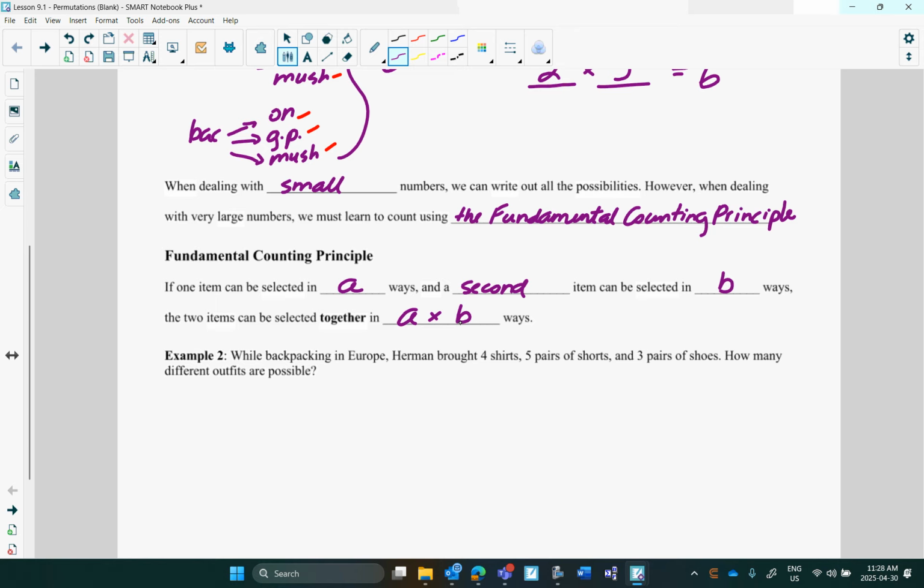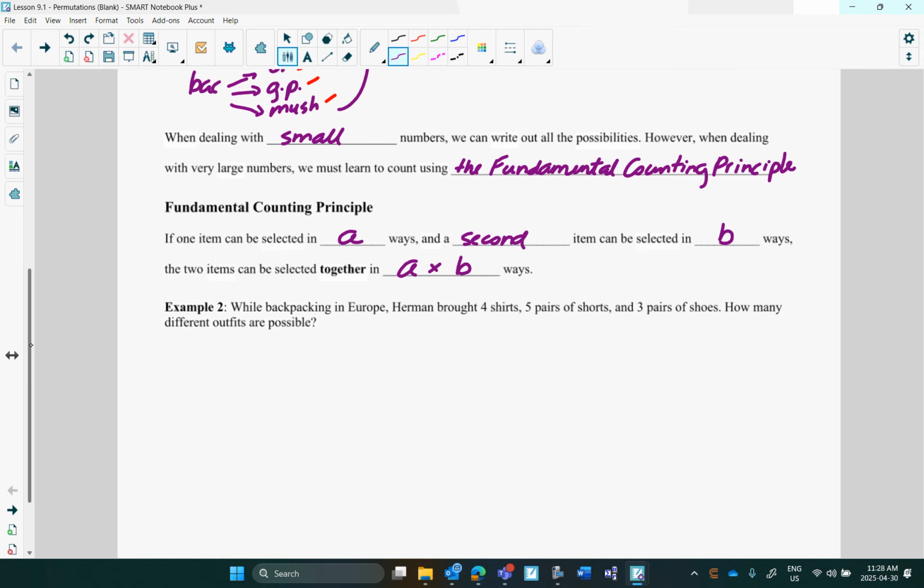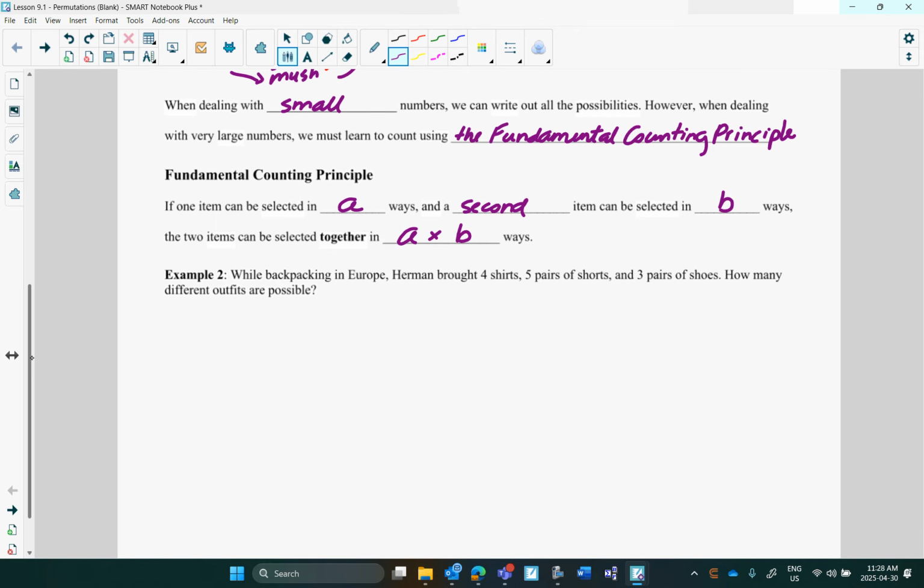So for example, here's another one. While backpacking in Europe, Herman bought 4 shirts, 5 pairs of shorts, and 3 pairs of shoes. How many different outfits can he make? Well, I need a position for the number of possible shirts, the number of possible pairs of shorts, and the number of possible pairs of shoes, and together I multiply.